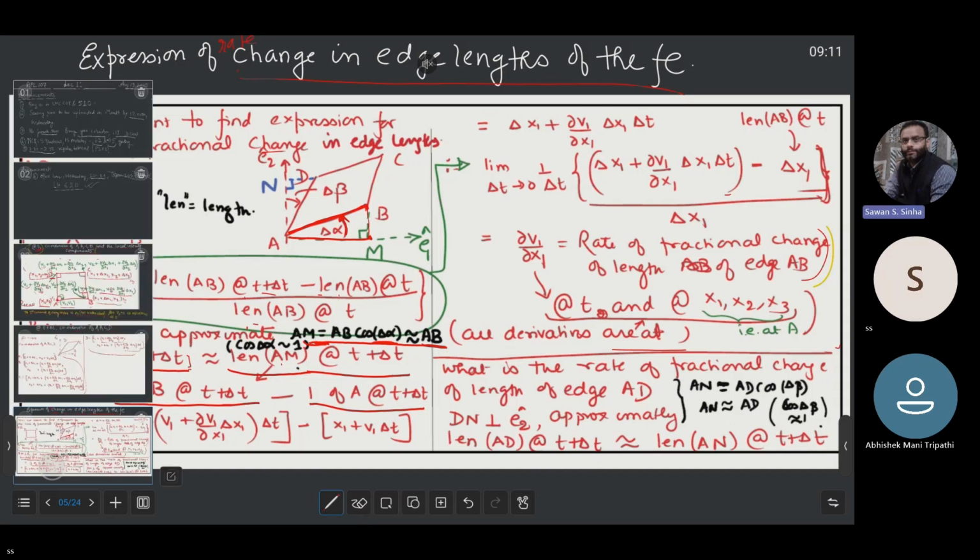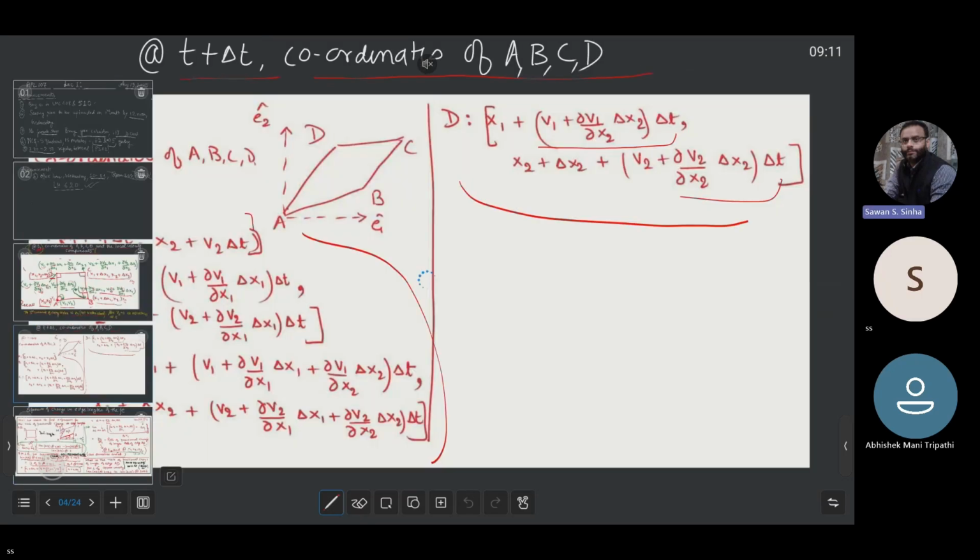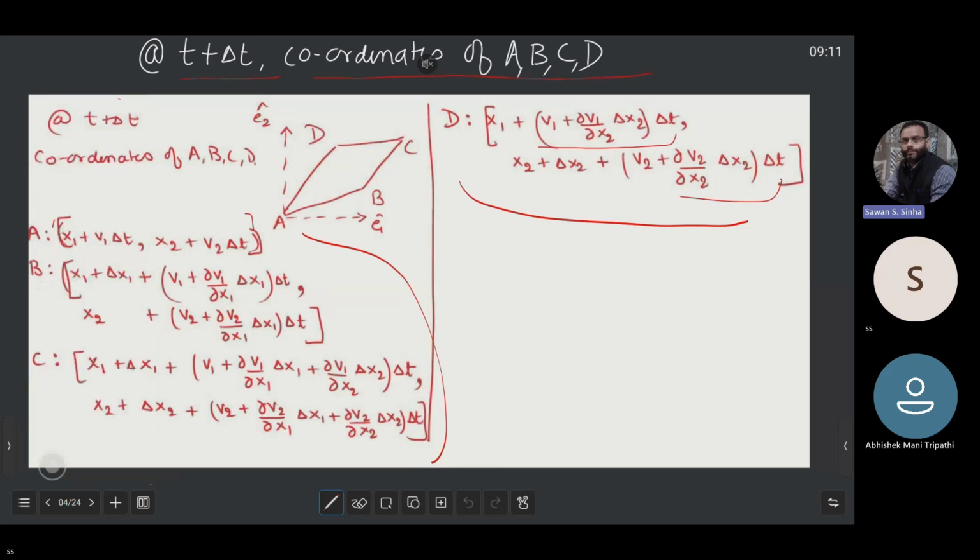I go back here. At t plus delta t, I have the 1 and 2 coordinates of all the vertices listed here already.